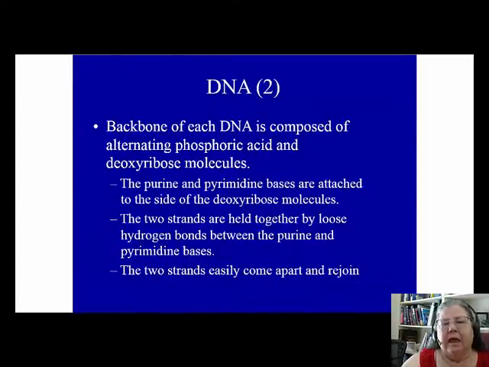Okay, and the bases, as I said, are attached to the deoxyribose, and then as the 2 helixes wind together, there are loose hydrogen bonds between a purine base and a pyrimidine base attaching to each other, and this allows the strand to be pulled apart when RNA synthesis is happening, and then to rejoin.